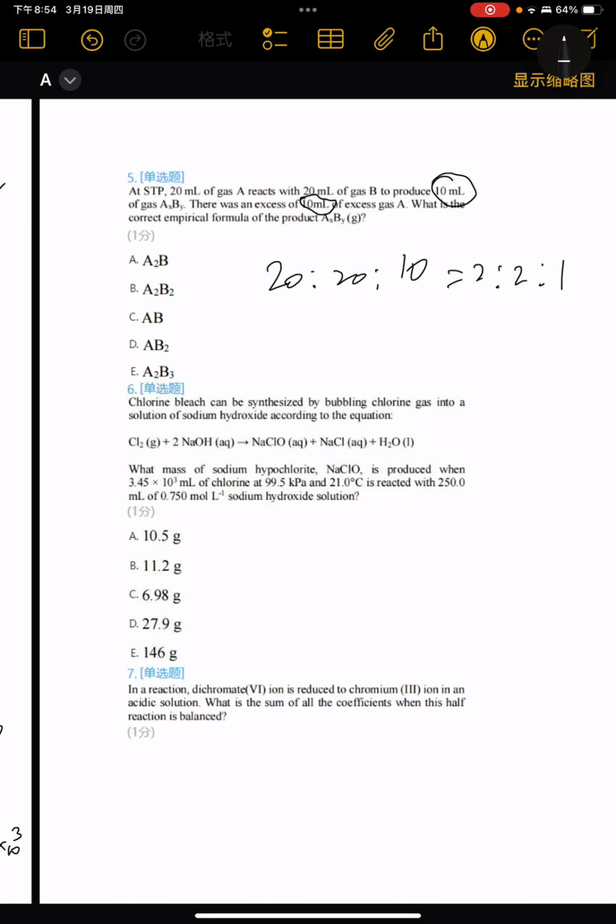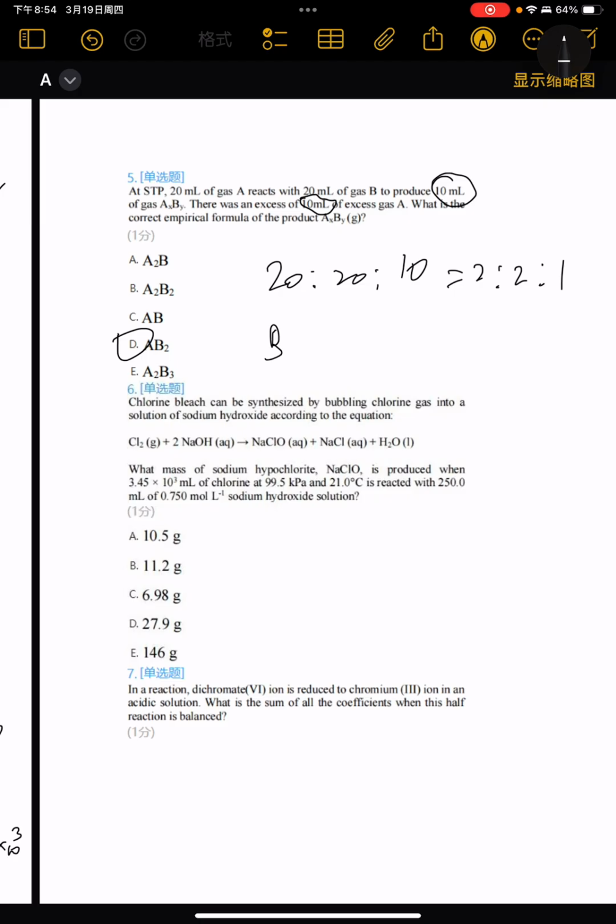So then this would immediately signal the answer choice of D. Because you can see that they told you that there's 10 milliliters of excess gas A. So which means that over here, if we find out the ratio, it's a 2 to 1. So you can see that B doesn't supply enough.